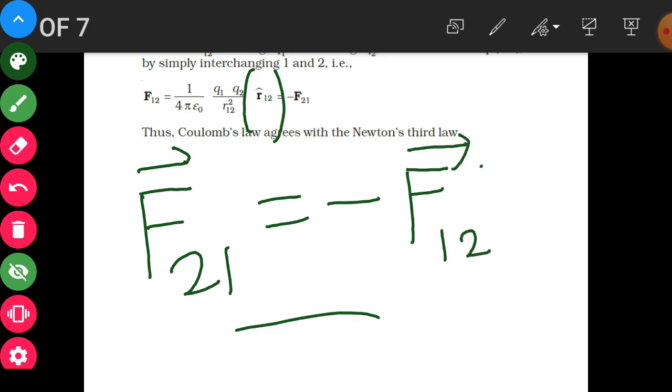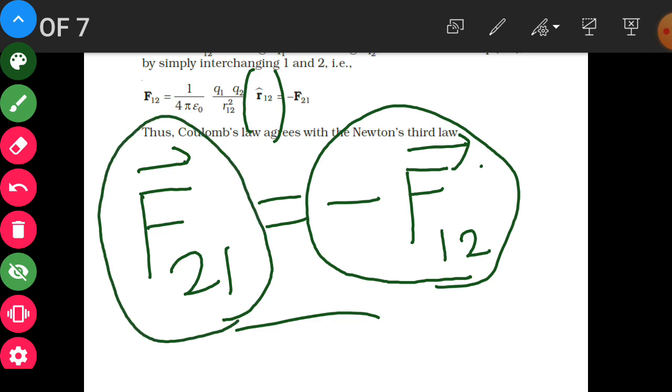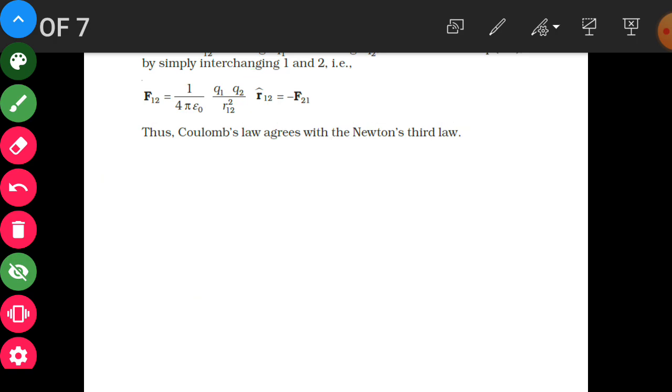Force on 2 by 1 is the force on the second charge by the first charge, which will be opposite to the force on 1 by 2. So force on 1 by 2 is equal to minus force on 2 by 1. Here in our textbook, just go through it.